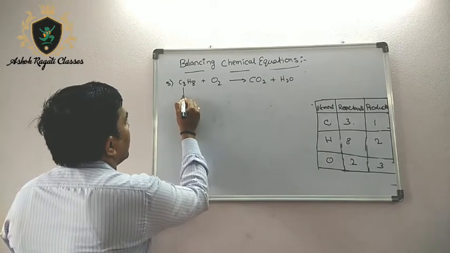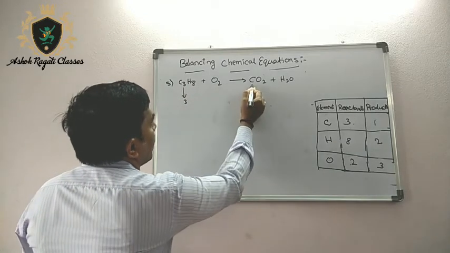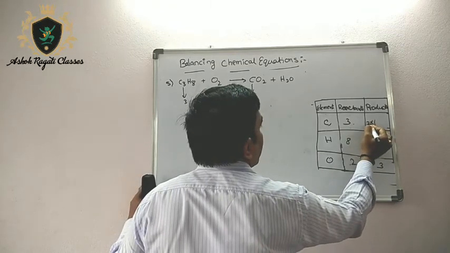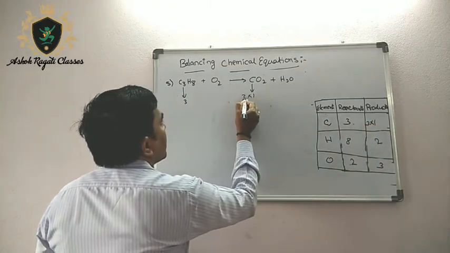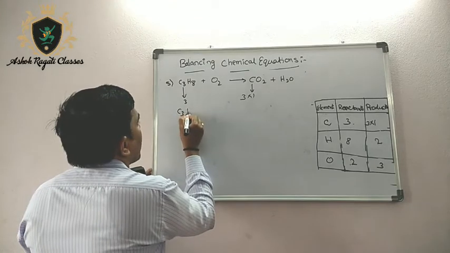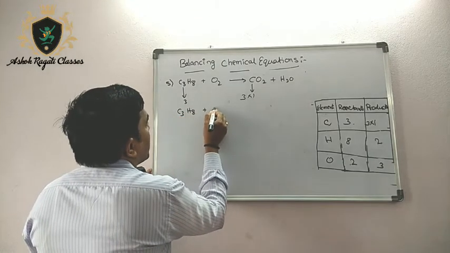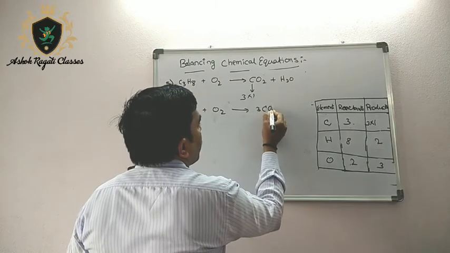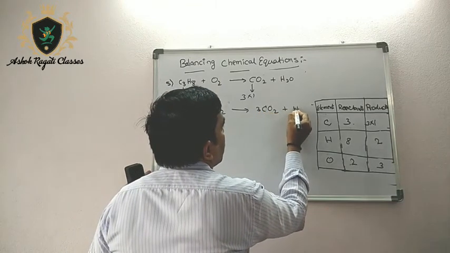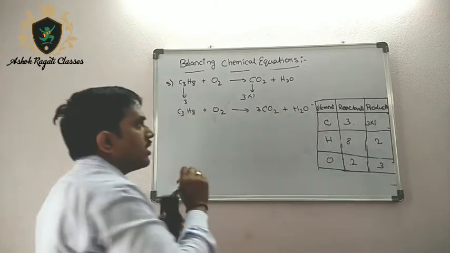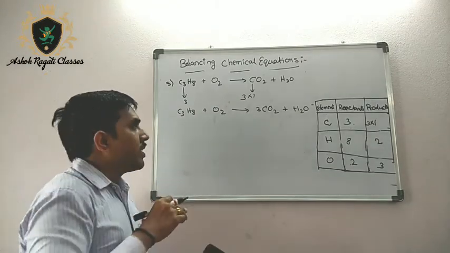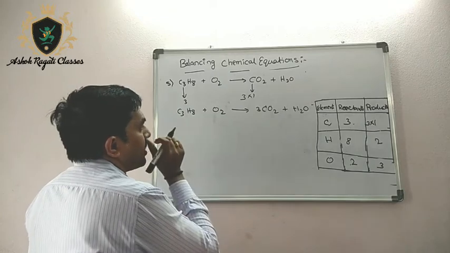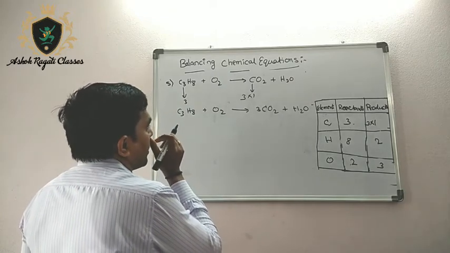So carbons, how many are there? 3 here, only 1 there. So balance carbon first by multiplying with 3. So C3H8 plus O2 gives rise to 3CO2 plus H2O. Okay, so now 3 carbons are balanced. Now see the hydrogen number.